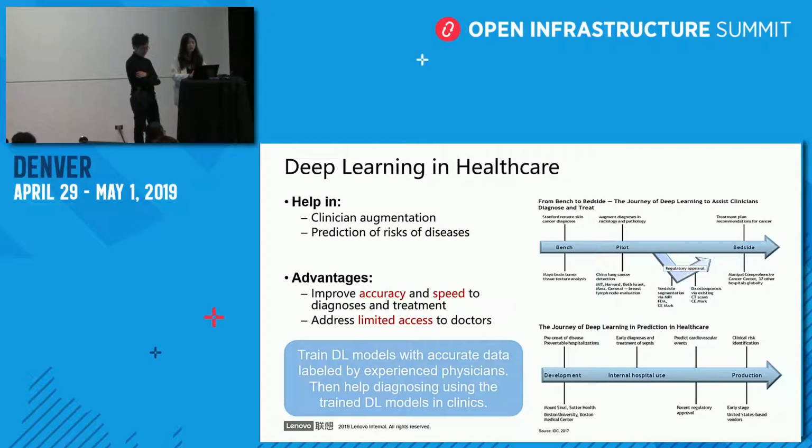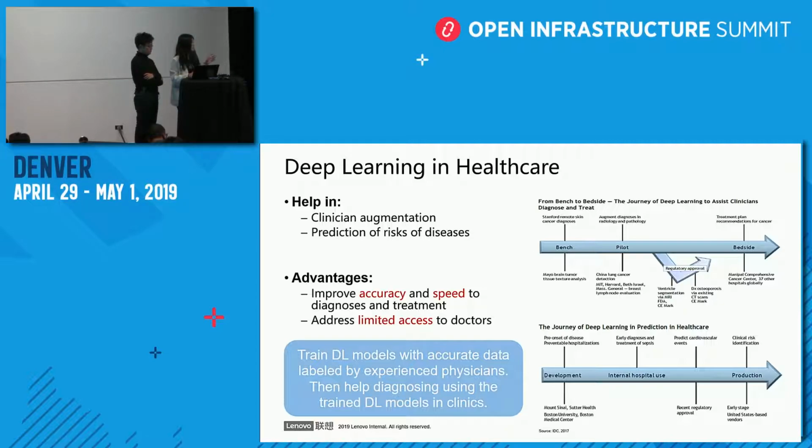One is clinician augmentation, and the other is prediction of the risk of disease. The figure at the top right identifies the journey for deep learning in augmentation of clinicians, and the figure at the bottom right shows the journey of deep learning in the prediction of disease.